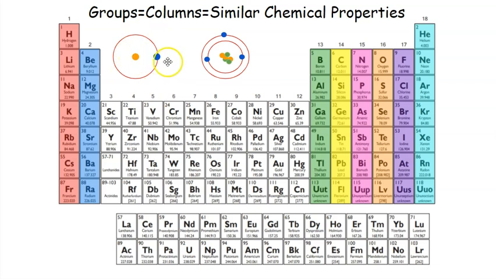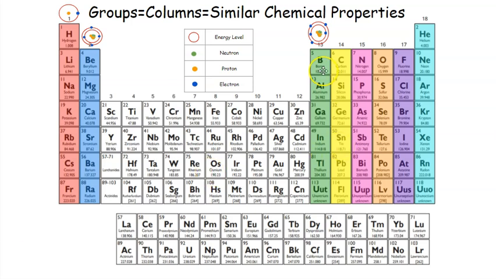So for example, here hydrogen has 1 valence electron. And our lithium has 1 valence electron. So lithium here has 1, 2, 3 electrons total, but only 1 valence electron because there's only 1 on this outer energy level.